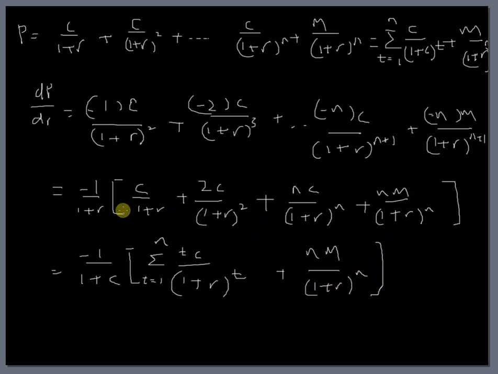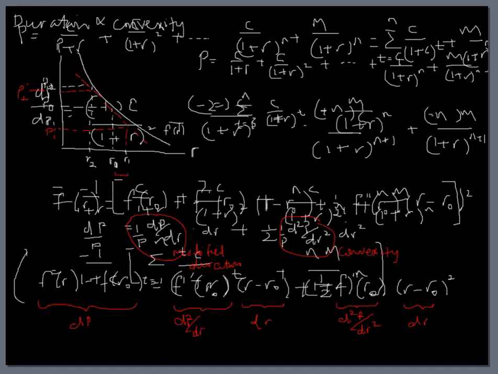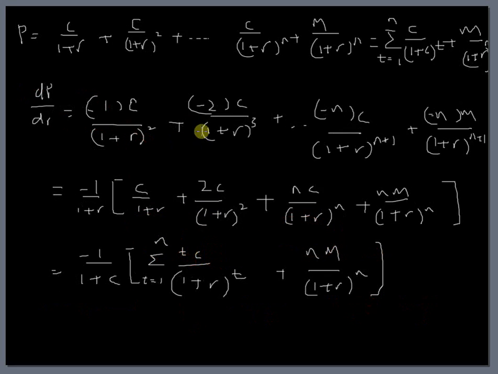Okay, so let's take a minute to compare the derivation formula previously, which is, where is it? This one, 1 over P dP over dr, against this one. So let me write down the derivation formula.